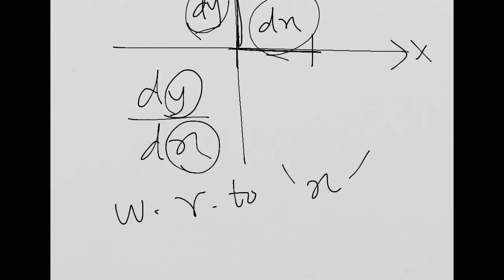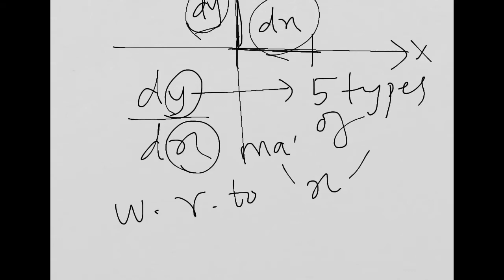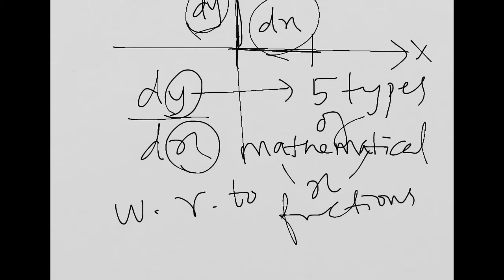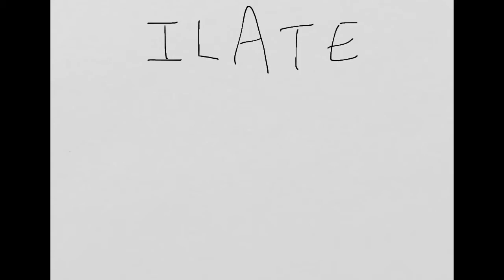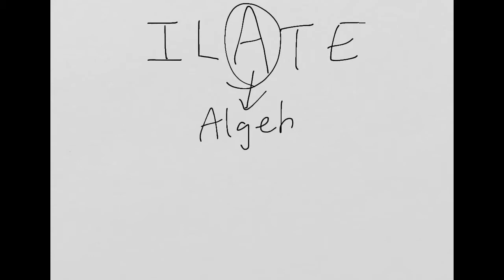Fine. Now the basics of differential calculus. There are 5 types of mathematical functions that we're going to get introduced into. I can acronym it as ILATE, where A stands for algebraic functions.